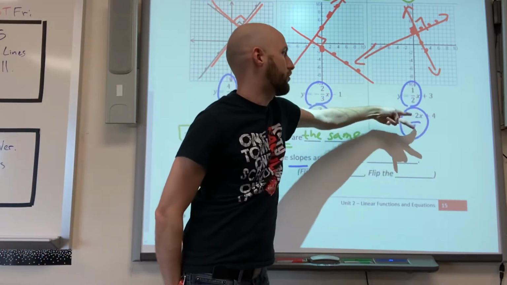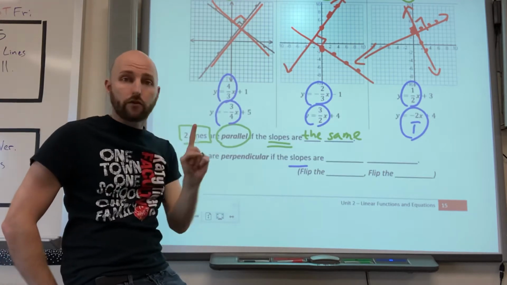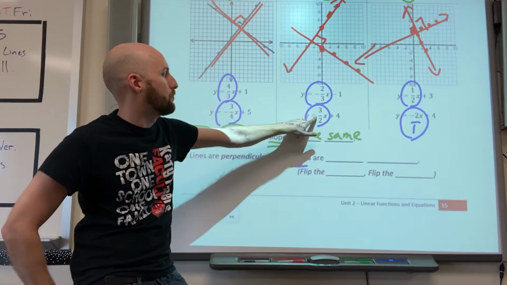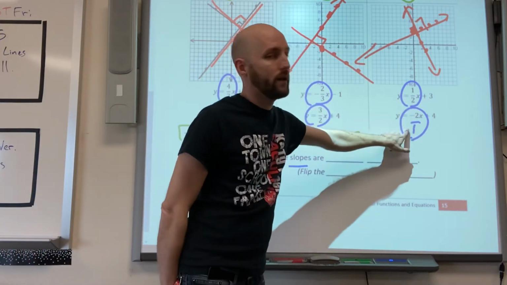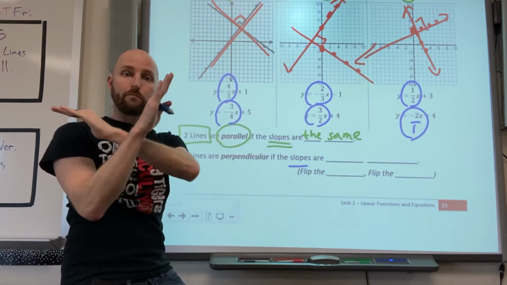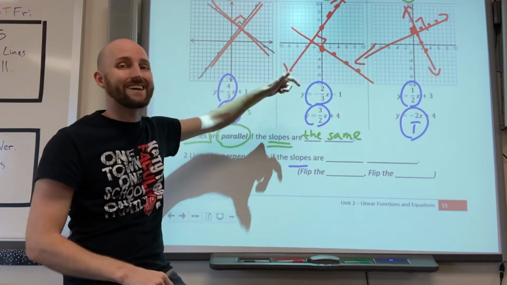Okay, la fracción, los números son al revés. And the other thing is one positive, one negative. So cuando van a cruzar en 90 grados, uno es positivo, otro es negativo, y los números son al revés.